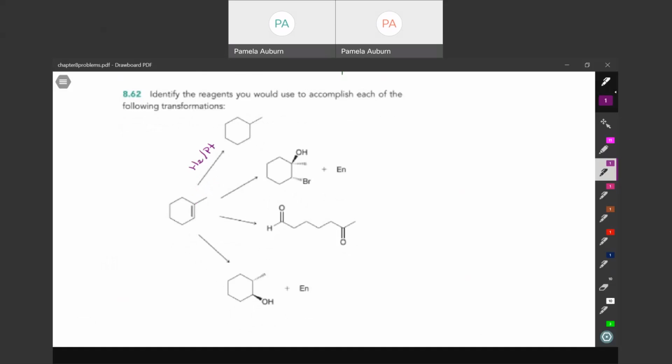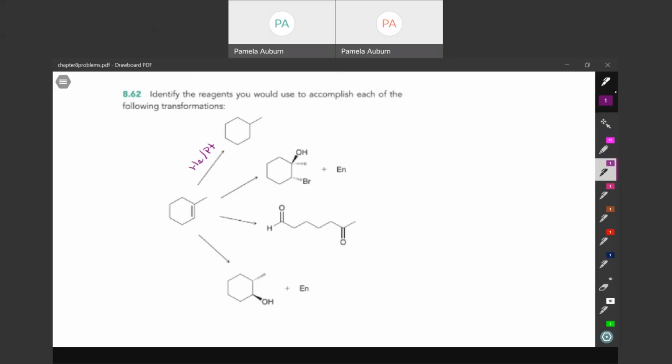When I look at what I have here, I'm starting with an alkene and I'm ending up with a halohydrin. And the bromine is on the opposite side to the alcohol. I'll show you this in a minute. So what's going to happen here is instead of doing the bromination in a non-nucleophilic solvent, for example carbon tetrachloride, I'm going to use a nucleophilic solvent.